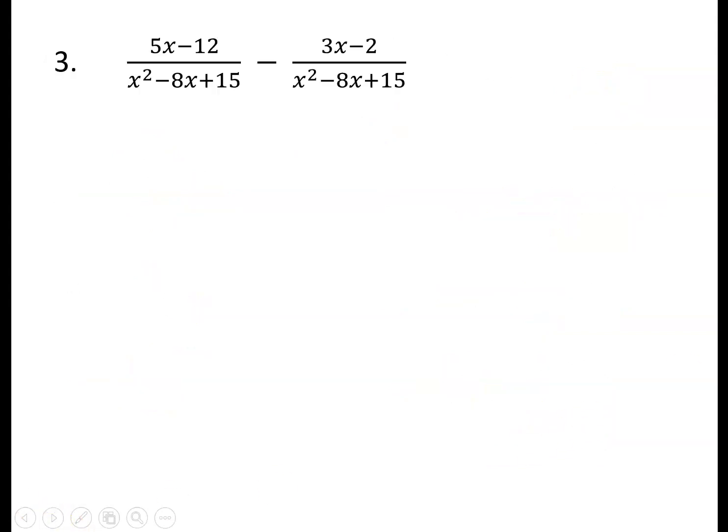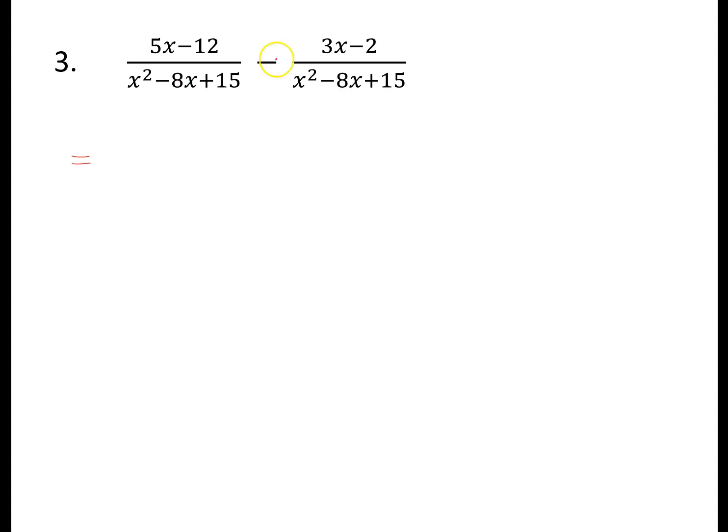Let's do one more example that has a common denominator. So here we see both denominators are the same trinomial, and you may be tempted to factor it, but we don't have to factor it at the beginning of the problem since we already have a common denominator. We can go ahead and still go to step 3 that said combine numerators.